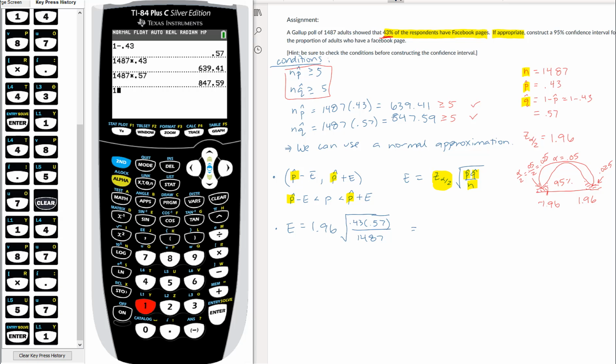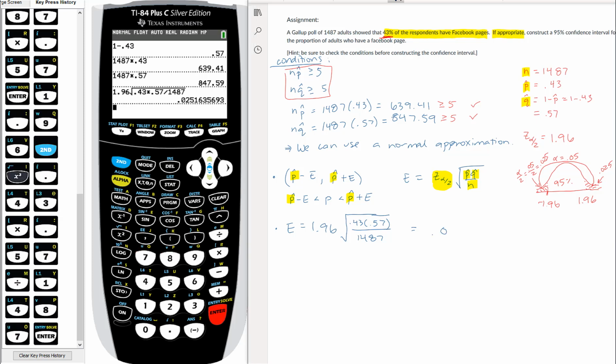So we get 1.96 times the square root, 0.43 times 0.57, divided by 1487. This gives us back 0.0252. I'm going to use 4 numbers after the decimal just as a general rule of thumb, even though the book is going to have different rounding rules. So on the test, just go ahead and use 4 numbers after the decimal.